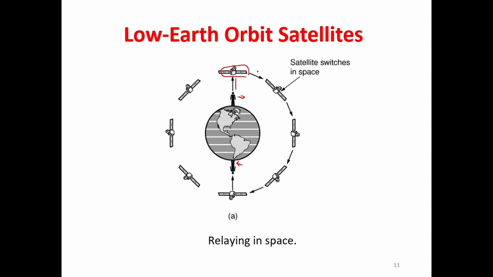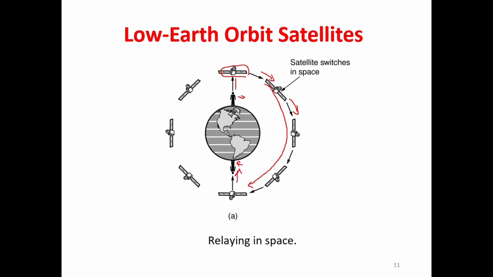Now this satellite passes the information over to this satellite, and this passes over to this satellite, and this is a ring topology, right? This is a circular ring topology, and the information reaches the nearest satellite to the receiver. And now the information is passed to the receiver via the nearest satellite.